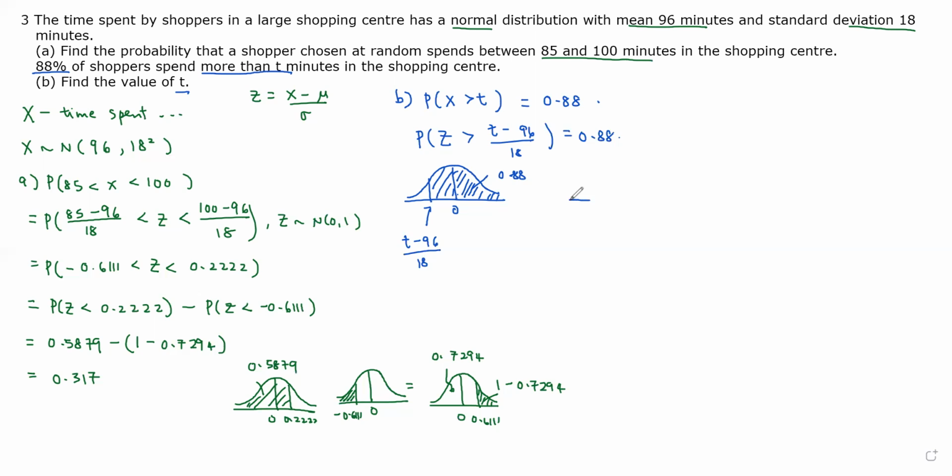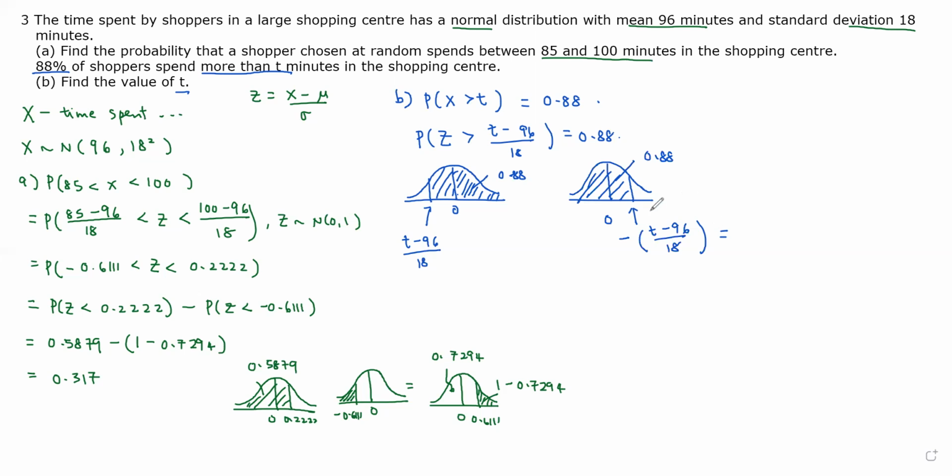Instead of looking at this, we use symmetry here. And this is 0, so we find this instead. This is 0.88. This value is the negative of T minus 96 over 18. And we can also find this value from the standard normal table.